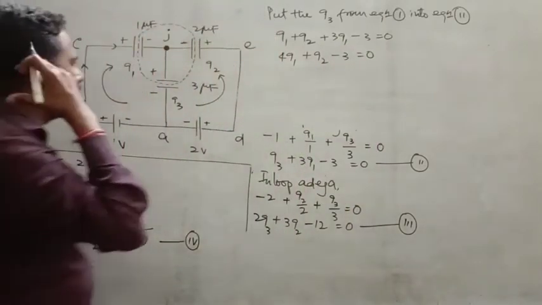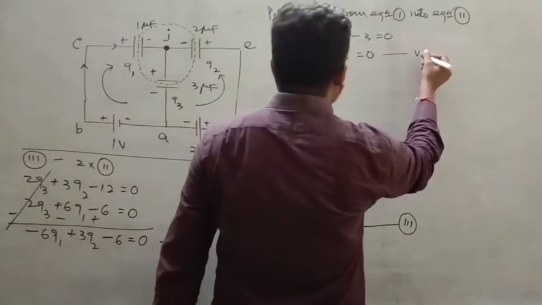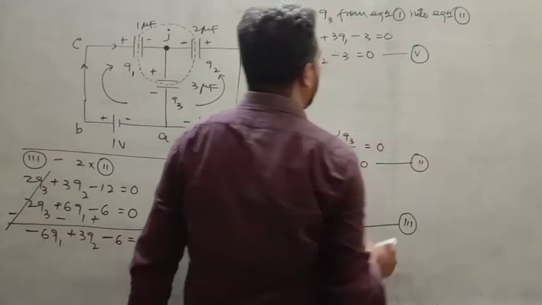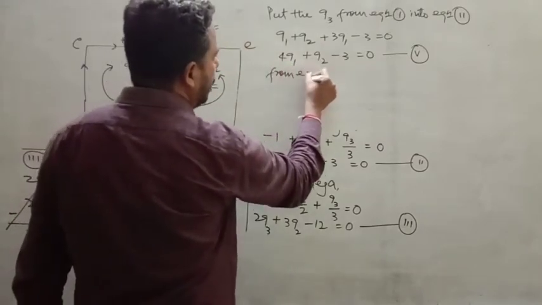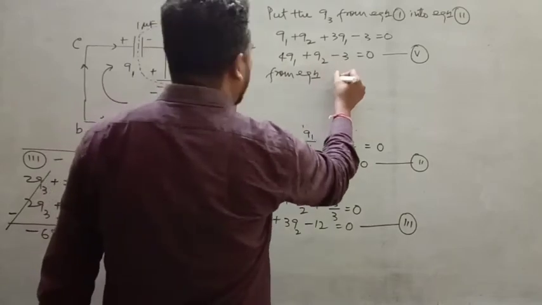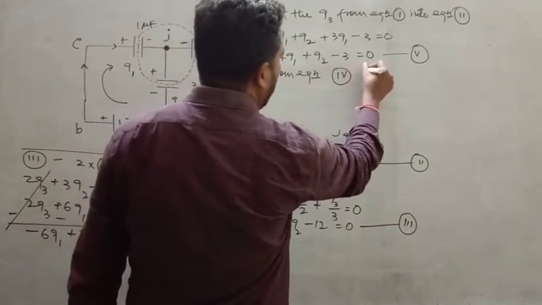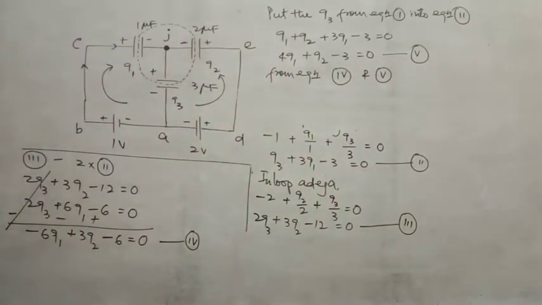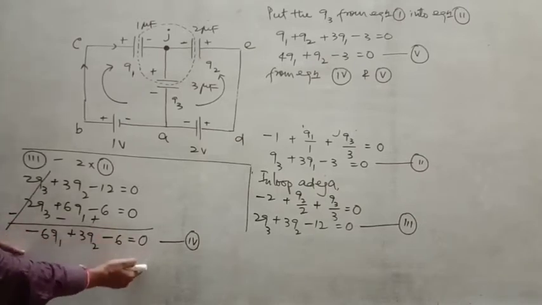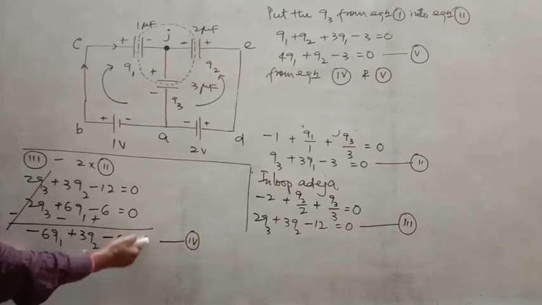So you just make it another equation, that would be equation 5, and just take equations 4 and 5. So from this equation, you just take 3 common outside and divide the right side, so that will also be 0.